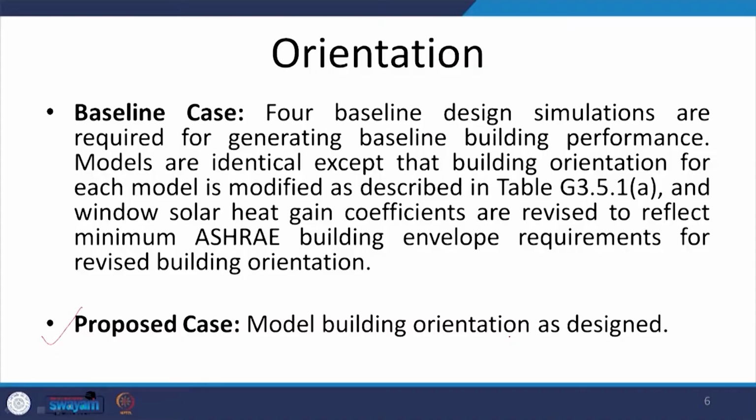For the proposed case, the model building orientation will be the orientation as designed. This is done in order to give the advantage to the designer for taking the correct orientations into consideration. For example, the building has been designed in such a manner that the larger facade faces north, and appropriately the windows have been designed.